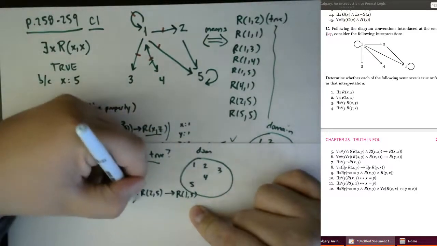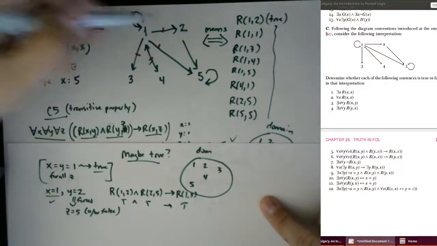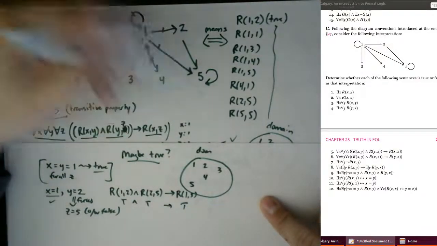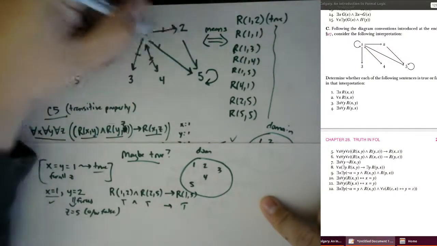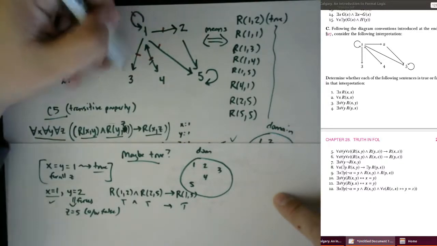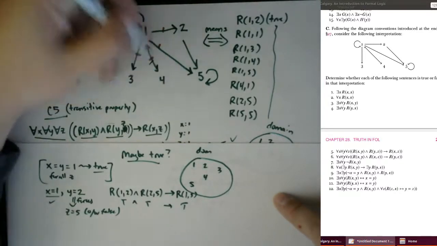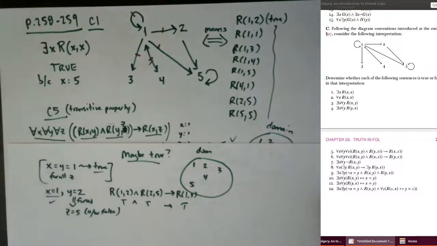And that's true and true implies true, because 1 maps to 2, 2 maps to 5, and 1 maps to 5. So it's some kind of triangle going on there. So maybe that's a key. Maybe if we try to make a triangle, maybe 1, 3, and 4 are a way around it. Let's see.